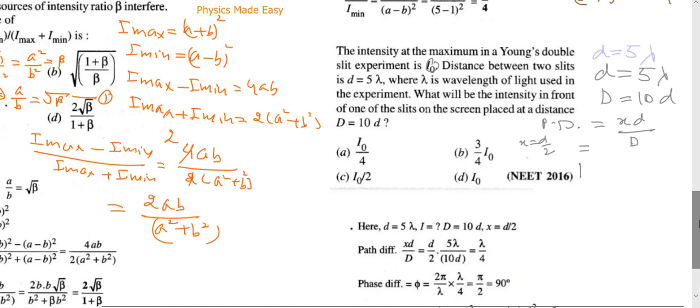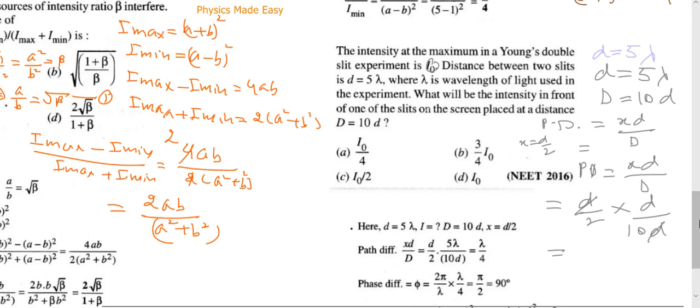Now path difference is x small d by capital D. Fill the values. X is d by 2. This is d. And in denominator, this is 10d. This cancels with this. Now small d is equal to 5 lambda.